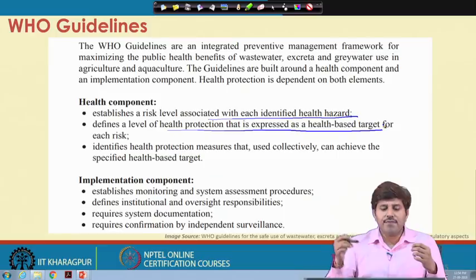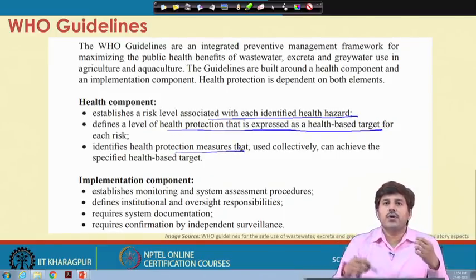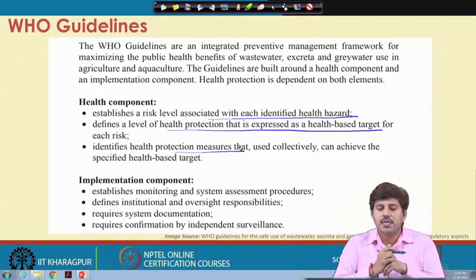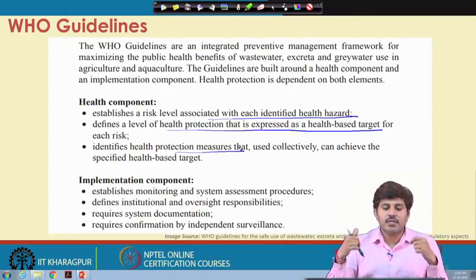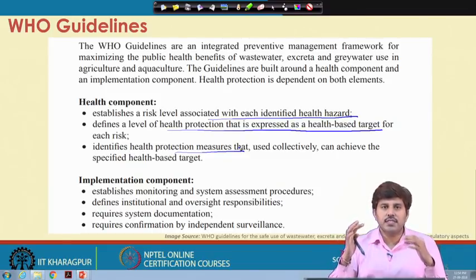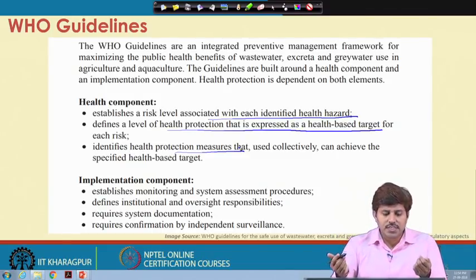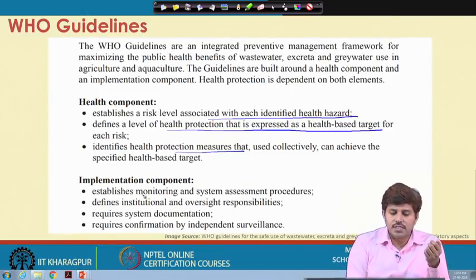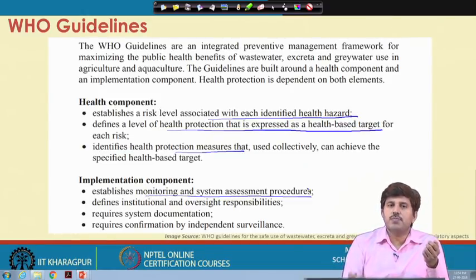Then it identifies health protection measures, that is, what different measures we can adopt collectively for protecting health. Okay. So, the idea is to achieve the specific health based targets, and then the implementation component establishes monitoring and system assessment procedures.